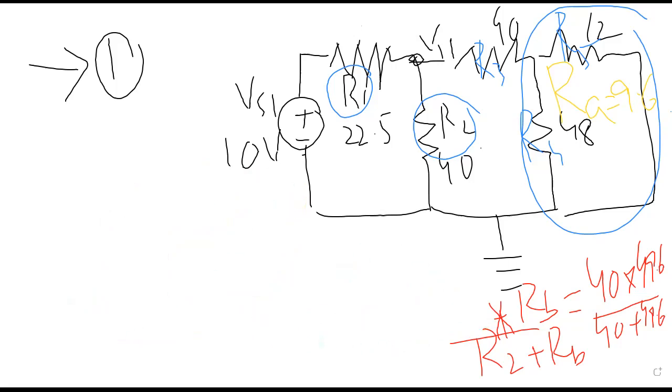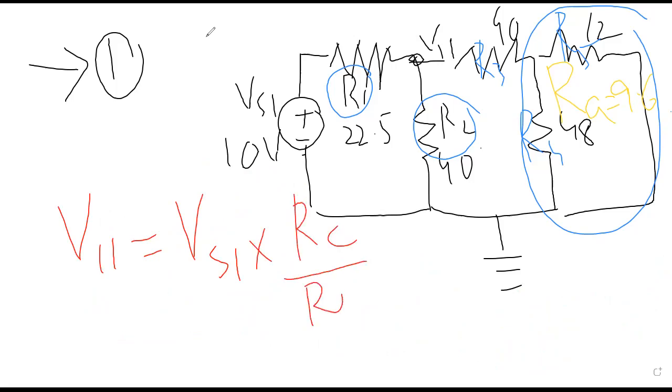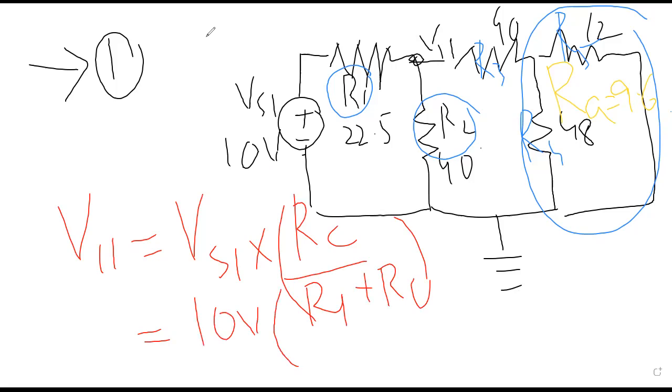Now the basic thing is we have to find the value of V11. V11 equals VS1 multiplied by RC, divided by R1 plus RC, because there is only one resistance that is divided, that is R1 and the value of RC. VS1 is 10V. RC is 22.14.